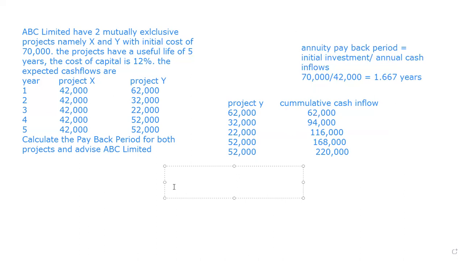You get the difference, what is remaining for you to arrive at the initial cost, which is 70,000. For our case, we take 70,000 minus 62,000, which comes to 8,000. This you divide with the next year cash inflow, which is 32,000.